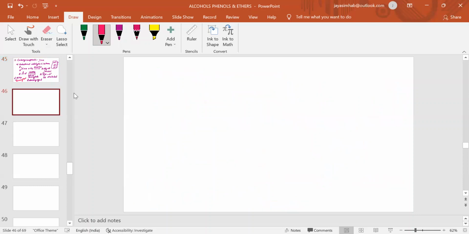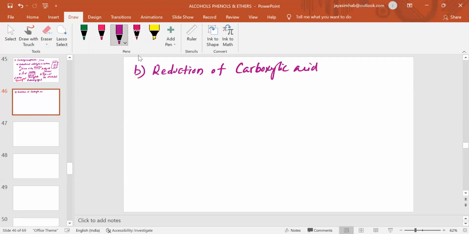So next one, we have two more carbonyl compounds, right? So I'll write that as B. Reduction of carboxylic acids and esters.